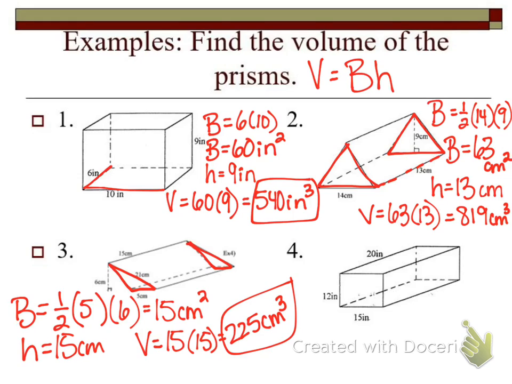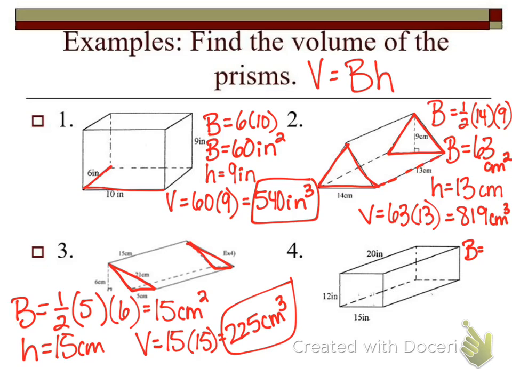Are we ready for number 4? Yes. 4 is a little bit easier. Anytime it's a rectangular prism, it's always going to be a little bit easier. How do we find capital B? What shape is our base? It's a rectangle. To find the area of a rectangle, we take base times height.